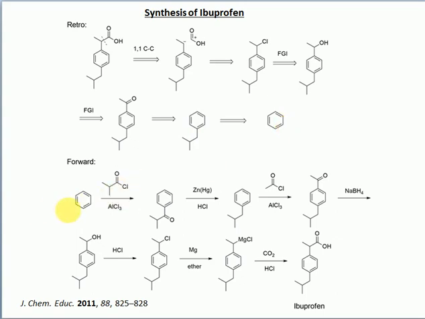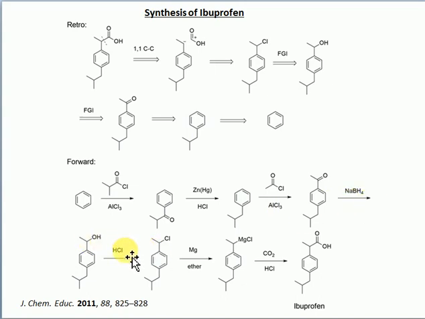So in the forward reaction, first there is Friedel-Crafts acylation to incorporate this carbonyl group, which can be reduced by zinc amalgam and HCl to reduce the C=O to CH2. You all know this reduction very well, followed by the Friedel-Crafts acylation again to give this carbonyl compound here, and now we will reduce with sodium borohydride to produce the alcohol.